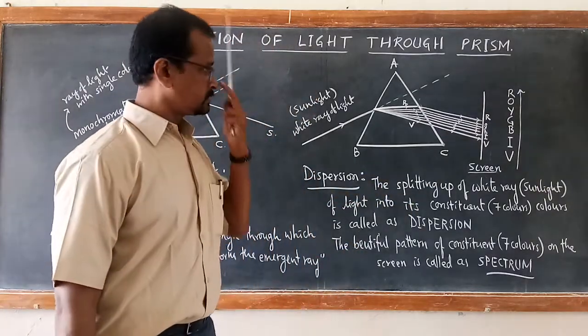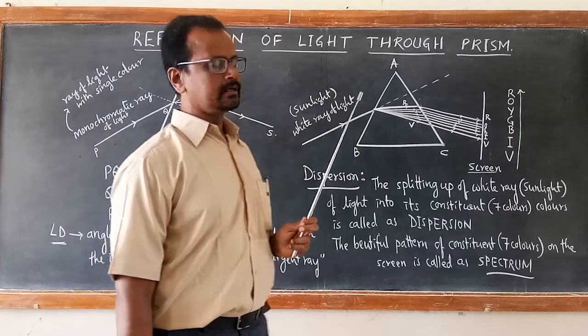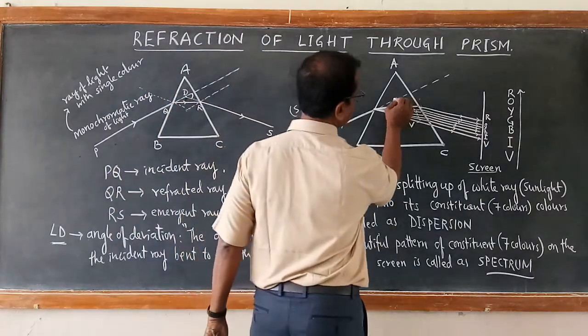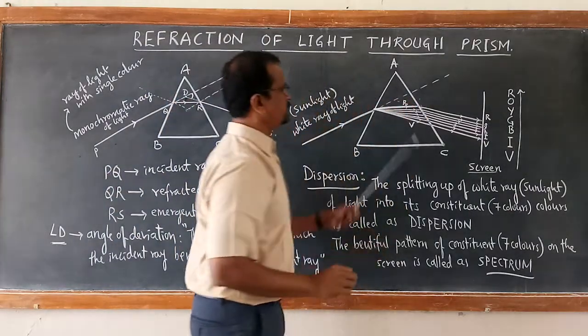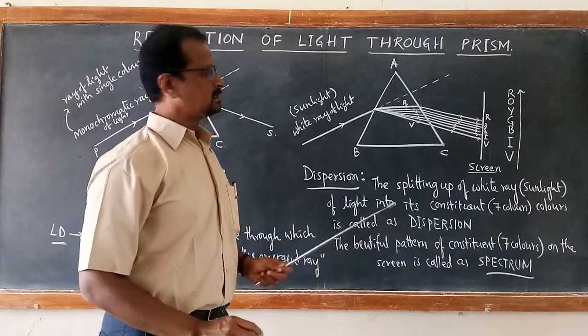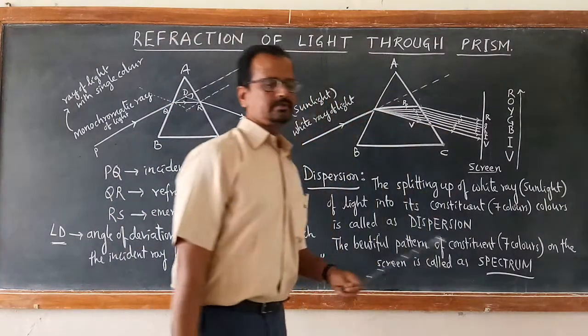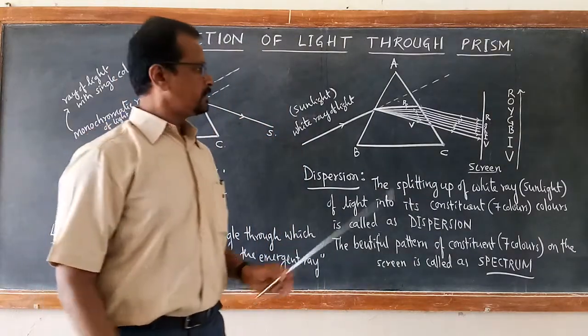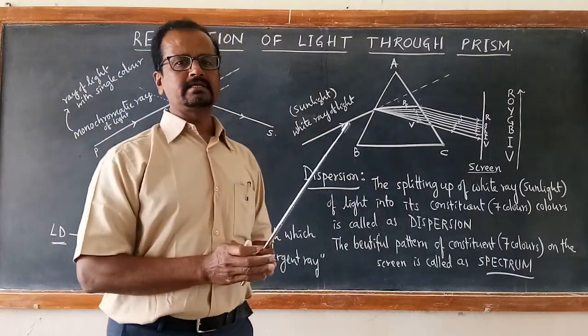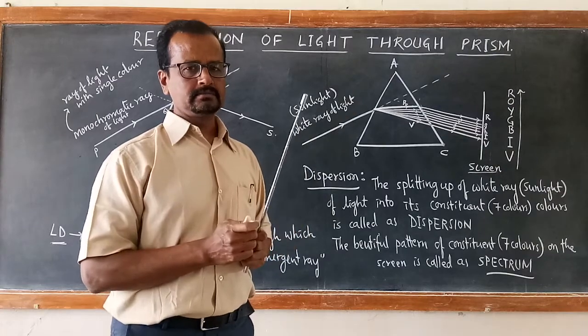Don't get confused. Now you see one important thing. If you measure the angle of deviation, angle of deviation of red is least and angle of deviation of violet is most. That's why the splitting up of 7 colors takes place. Why does it happen?